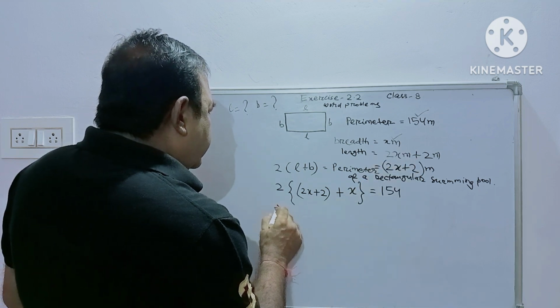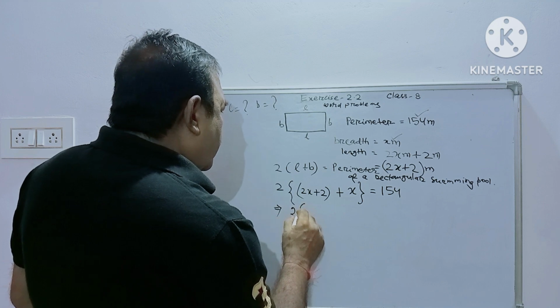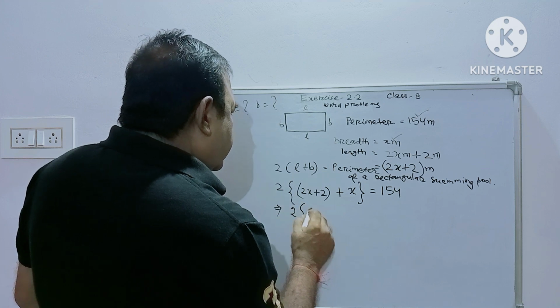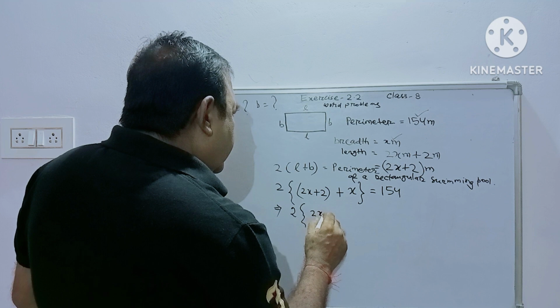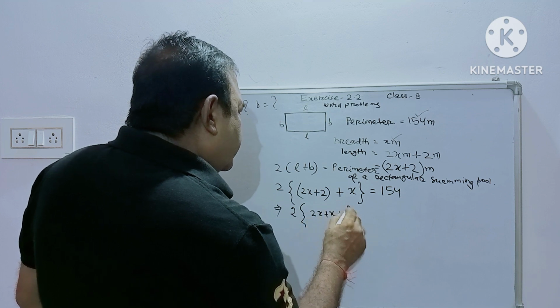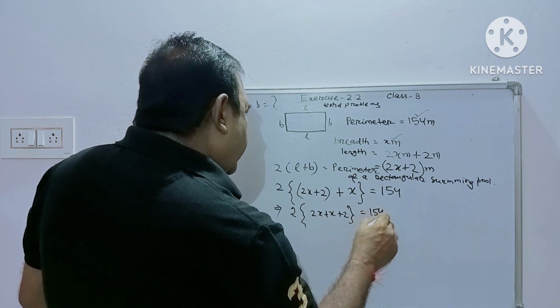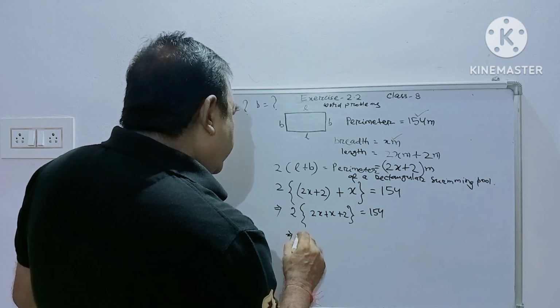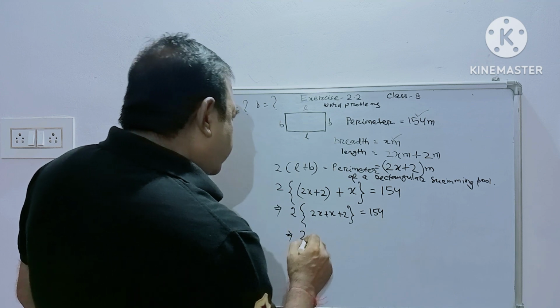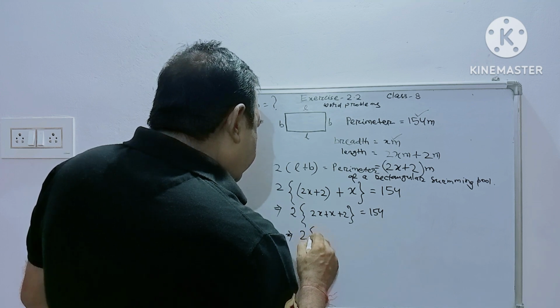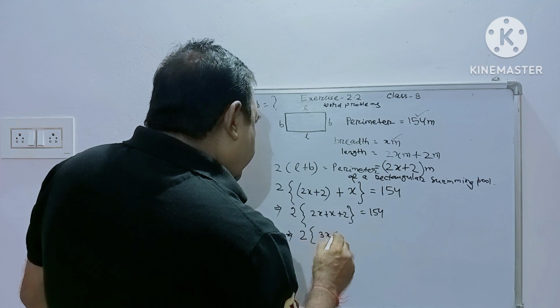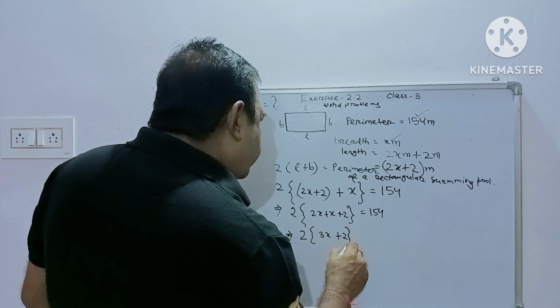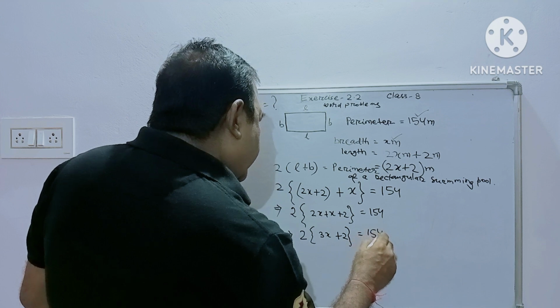So that implies 2 times, you just reduce the bracket, 2x plus x plus 2, is equal to 154. That is equal to 2 times 3x plus 2, equal to 154.